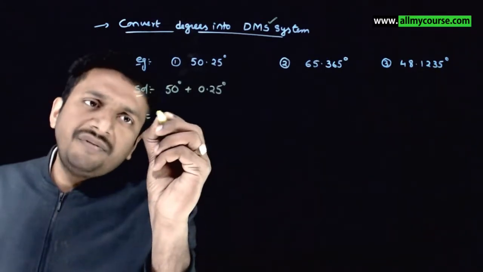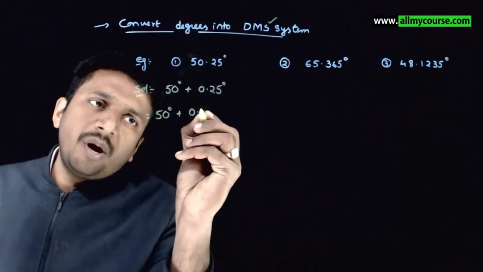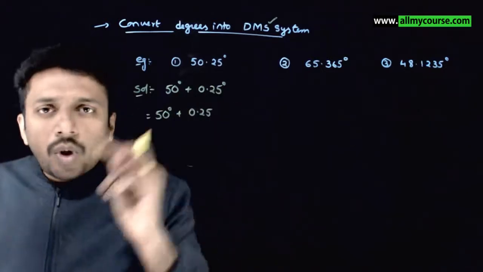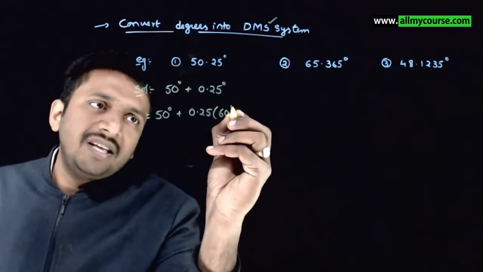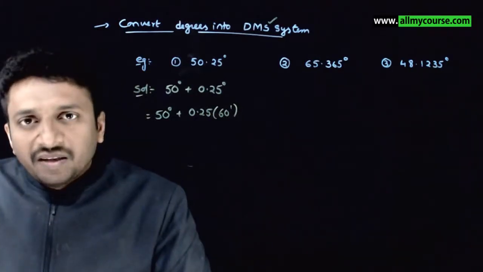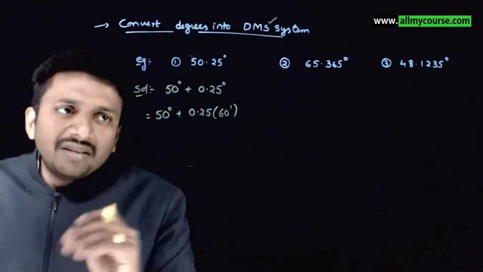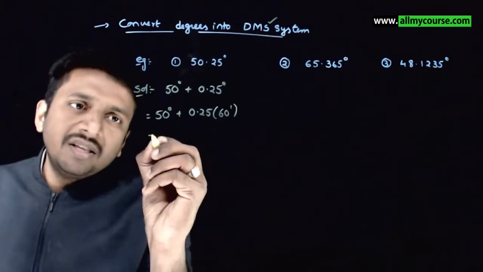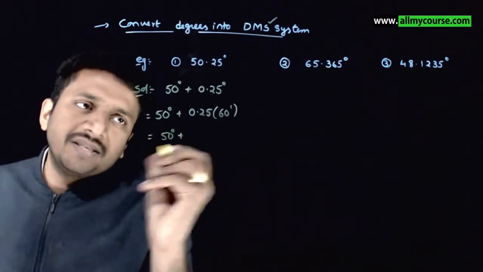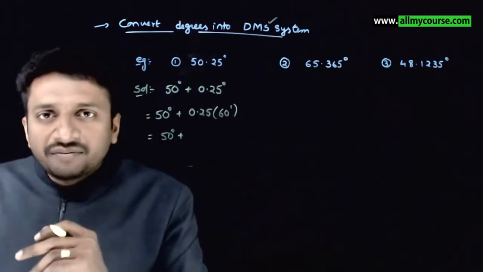So that is equal to 50 degrees plus 0.25 times 1 degree, which is 60 minutes, right? So 1 degree is 60 minutes. So 0.25 degree is 0.25 times 60 minutes. That is equal to 50 degrees plus 0.25 into 60.